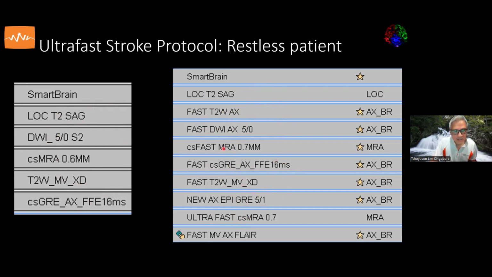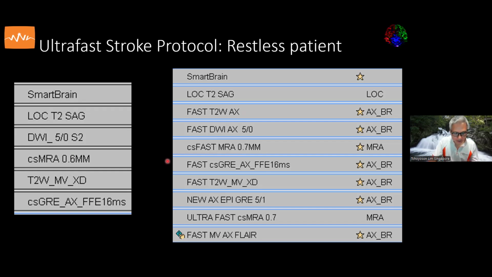The disadvantage is that the T2 weighting in this, which is a half Fourier transformed image, is not as strongly T2 weighted compared to the normal T2 weighted image. So it may be less sensitive to subtle changes and small abnormalities.